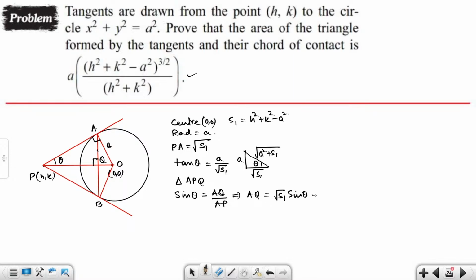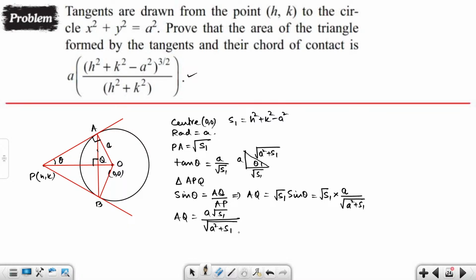So what is sine theta now? Your sine theta is coming to perpendicular over hypotenuse. Is it clear? So AQ is nothing but A root S1 divided by root over of A square plus S1. Is this clear to all?